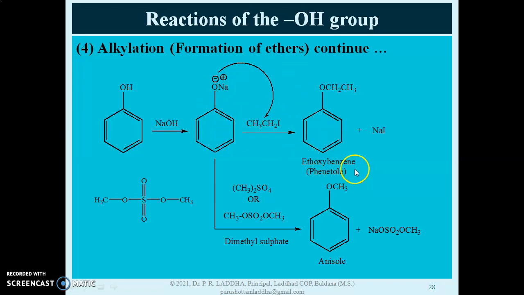So you can see here the product C6H5OCH2CH3. It is ethoxybenzene, or phenetole, along with the byproduct sodium iodide. Similarly, instead of alkyl halide, we can use dimethyl sulfate. In short, it can be represented as (CH3)2SO4, or this is the actual structure we saw on the last slide.